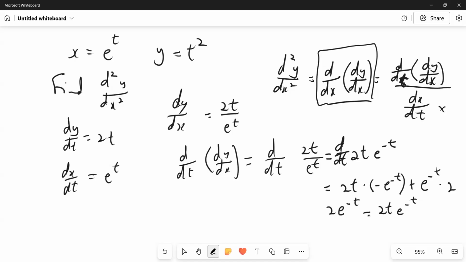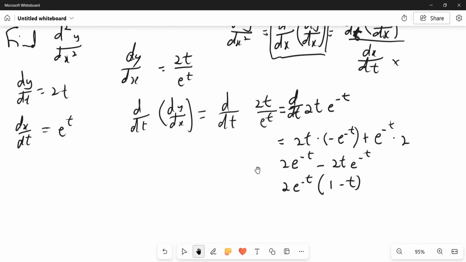And you can take out 2e to the minus t in brackets. That'll be 1 minus t here. So now we have d/dt of dy/dx.